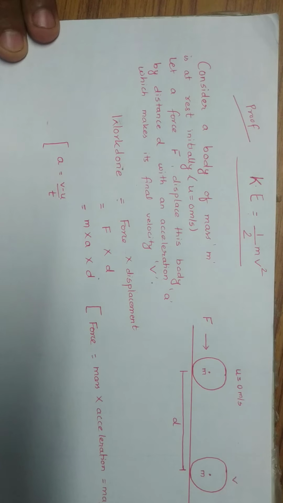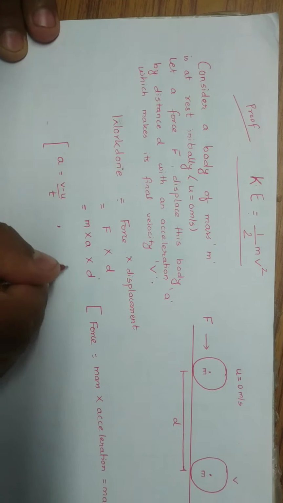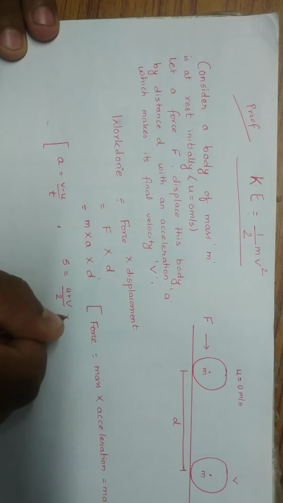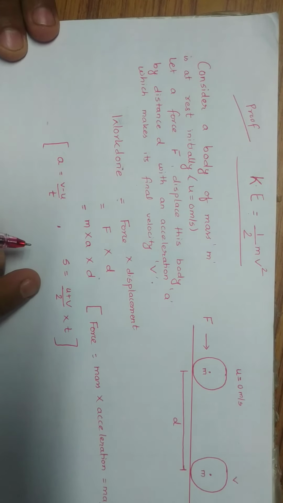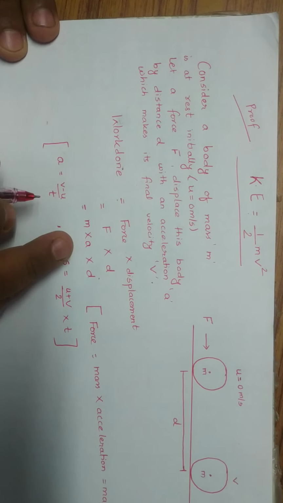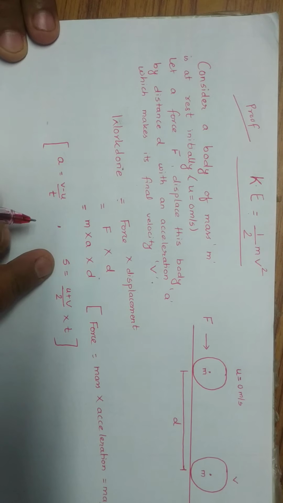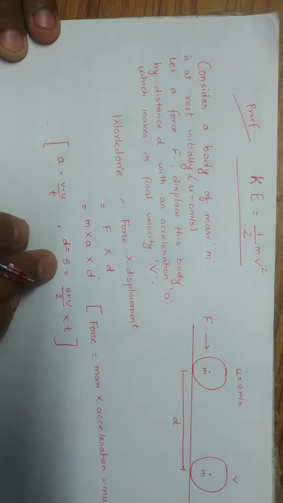And the next one is another equation of motion, that is s equals u plus v by 2 into t. So these are the two equations we will be replacing. Now you might be wondering, what is s? The s and d are both the distance traveled. So d and s are the same thing.